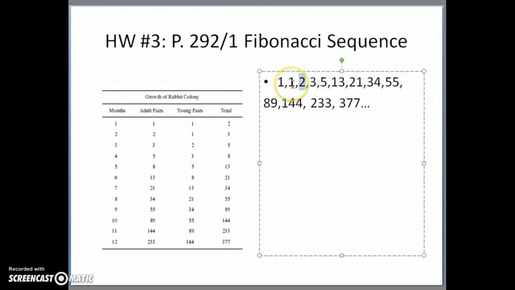So we're adding the first 2 numbers to get the third number, and then we add the previous 2. 1 plus 2 we get 3, and then we add 2 and 3, then we get 5, and 3 and 5 we get 8. I'm missing a number here. And 5 and 8 we get 13, and 8 plus 13 we get 21, and so on. So that's a list of Fibonacci sequence numbers.